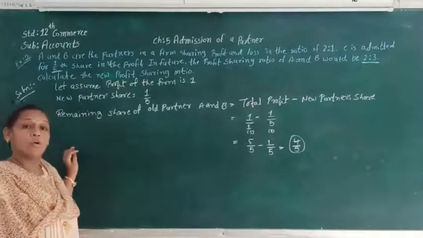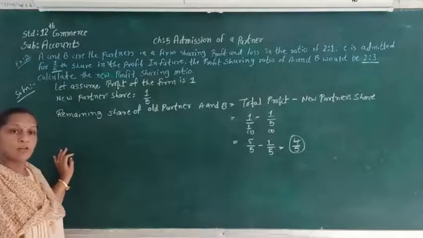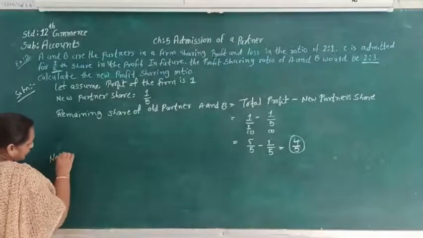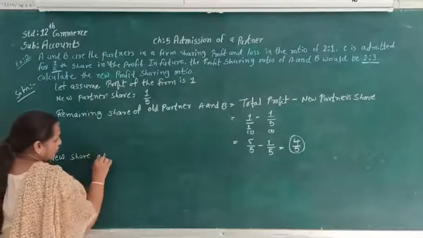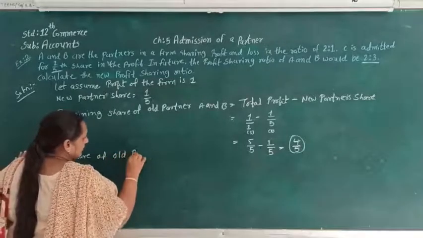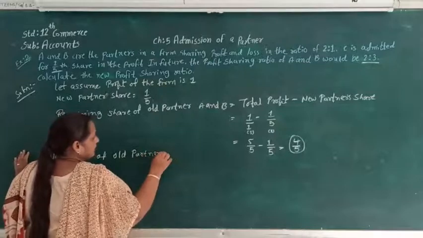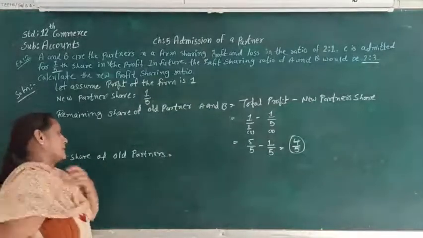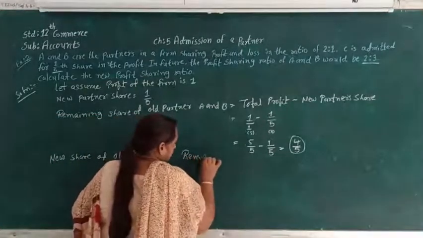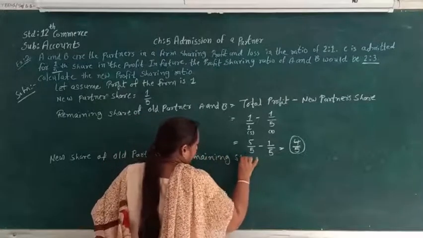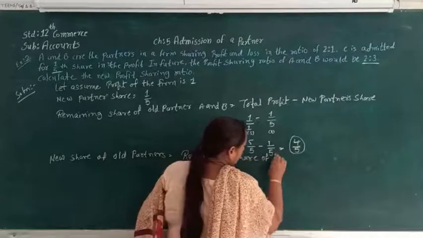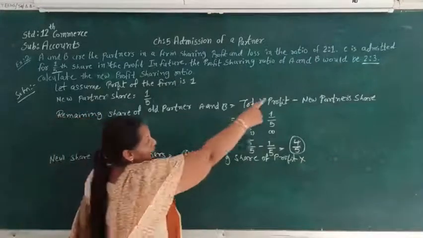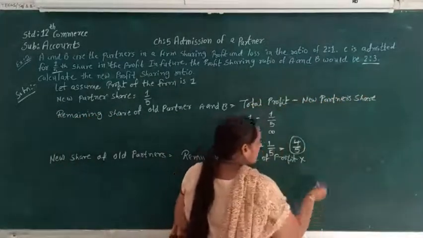The formula is: new share of old partner is equal to remaining share of profit, that is 4 by 5, multiplied by share in new ratio. So share in new ratio is equal to 2:3.